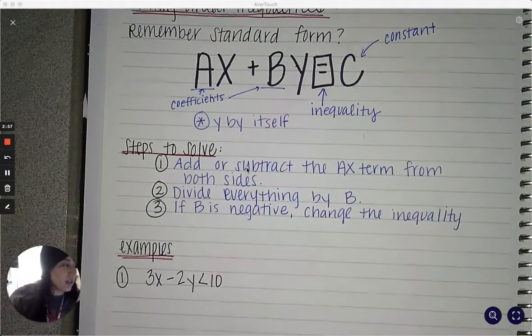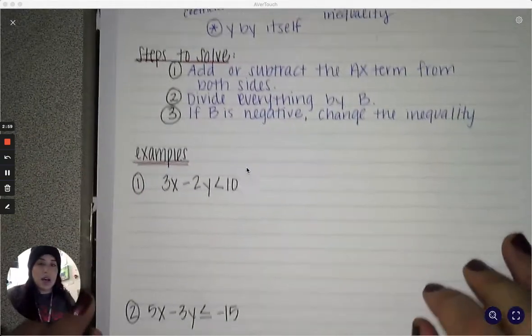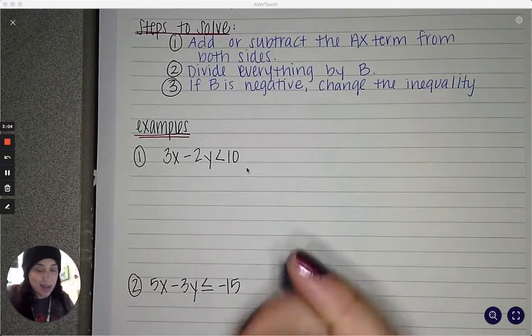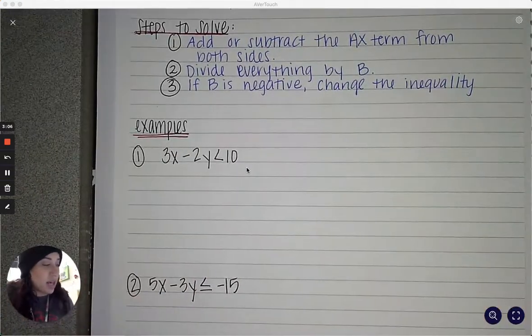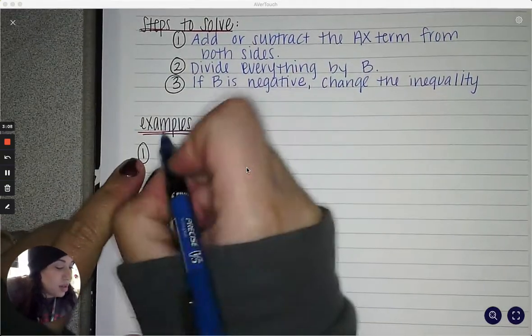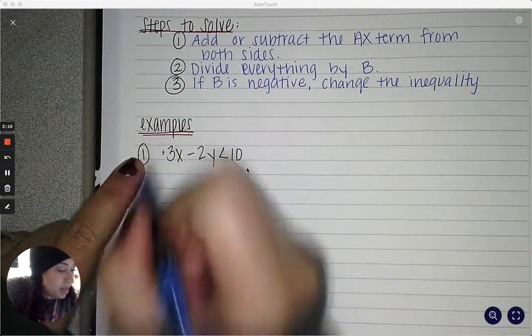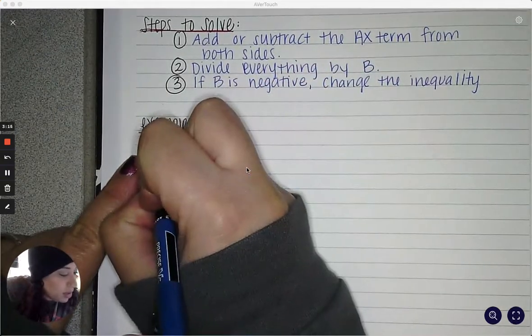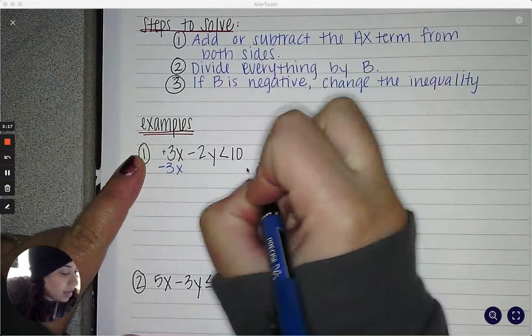I think I have two examples for us today. So the first one, we have 3x minus 2y is less than 10. So step one is add or subtract the ax term from both sides. So this is a positive 3x. If it was negative, there'd be a minus sign in front of it. So I'm going to subtract 3x from both sides.